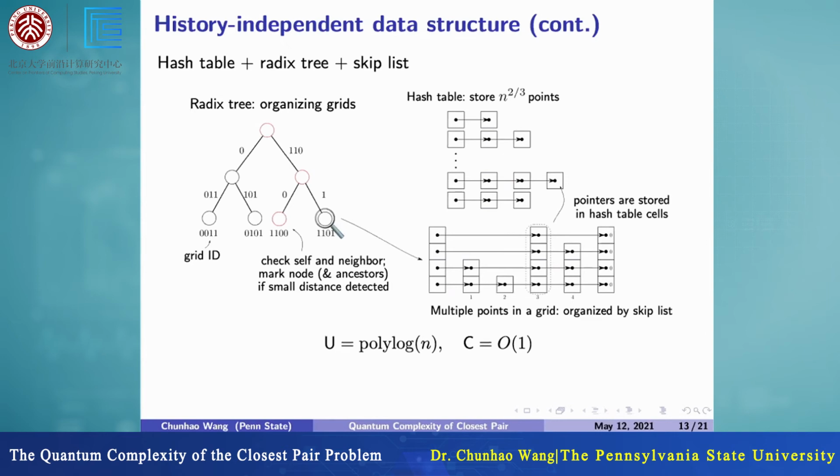If you plug the numbers into this formula, you get n to the 2/3 time complexity. This is what we want. So this is the quantum upper bound.